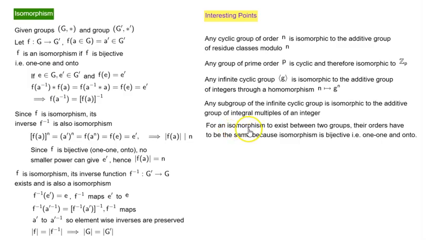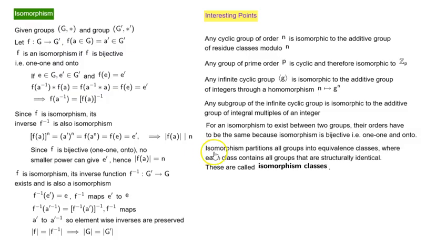For an isomorphism to exist between two groups, their orders have to be the same, because isomorphism is bijective, that is one-to-one and onto. And isomorphism partitions all groups into equivalence classes, where each class contains all groups that are structurally identical. These are called isomorphism classes.